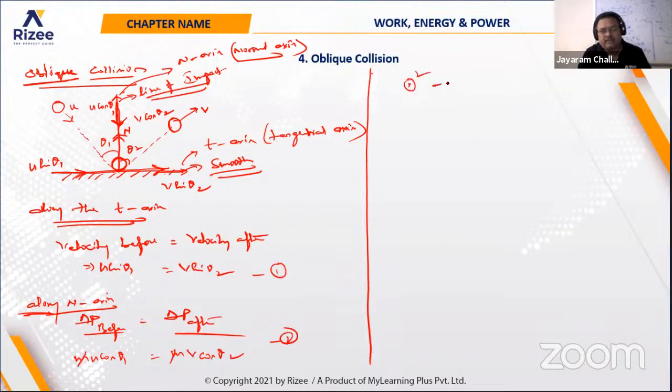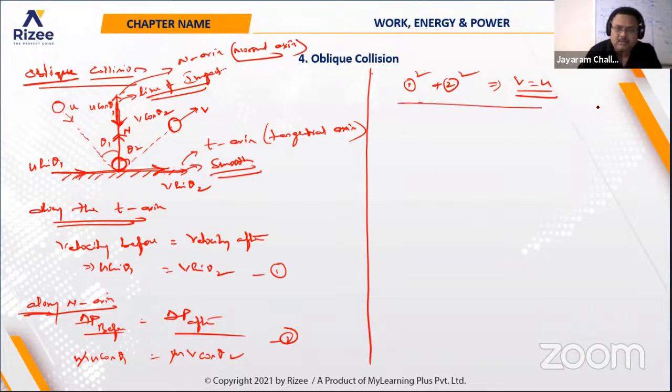If you square them and add them, first equation plus second equation squared, you get the relationship between the velocities: u square is equal to v square, or v is equal to u. This is an oblique collision on a flat surface.